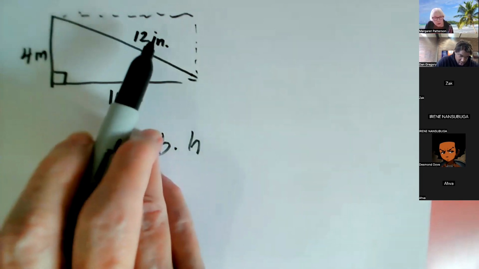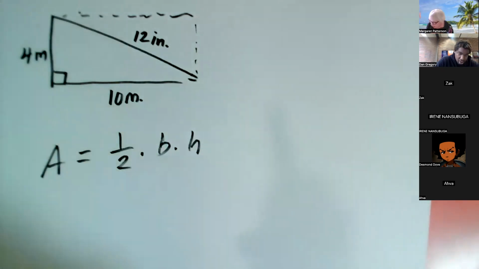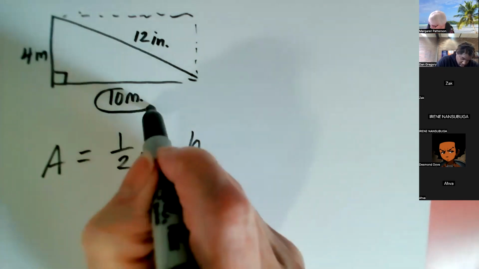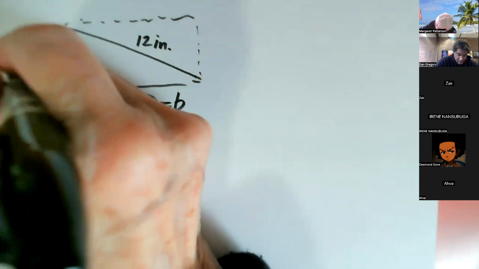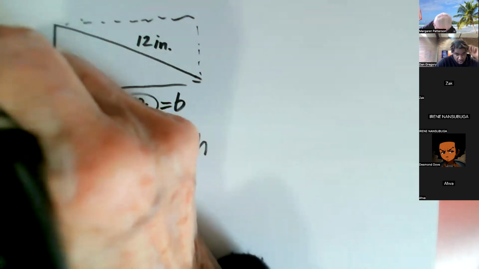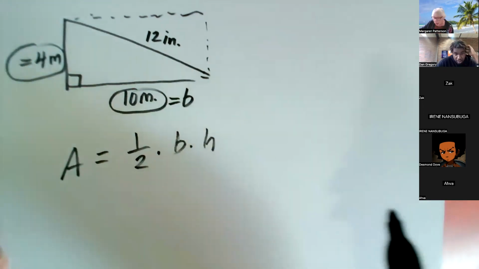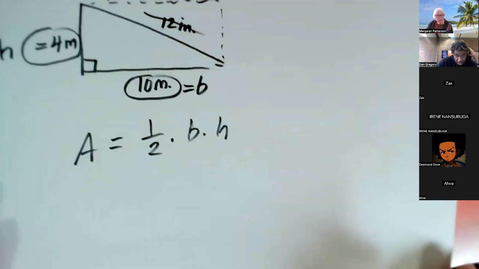They may throw in extra numbers that don't count. The only number I need is this for the base, and this for the height. And who cares what this is?